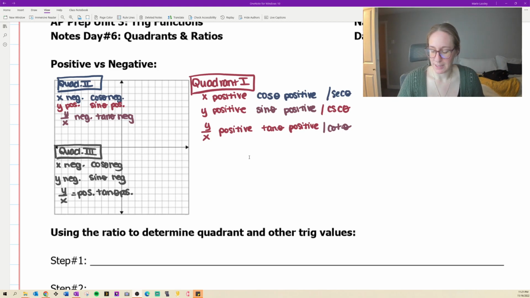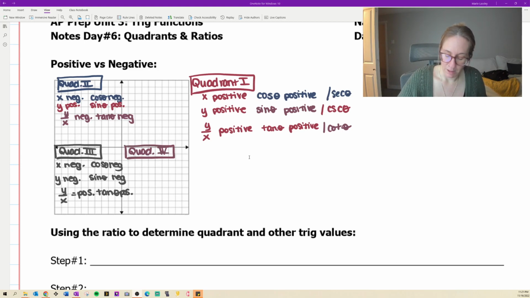All right, and then last but not least, we have quadrant 4. So quad 4. In quadrant 4, x is positive, right? So we're on the positive x side here, which means that cosine is positive.